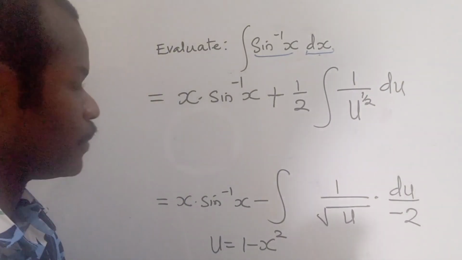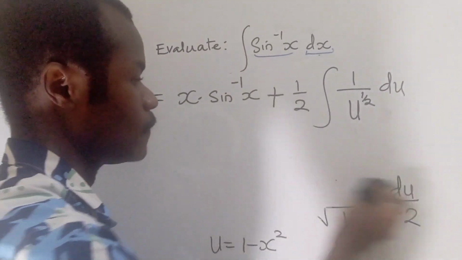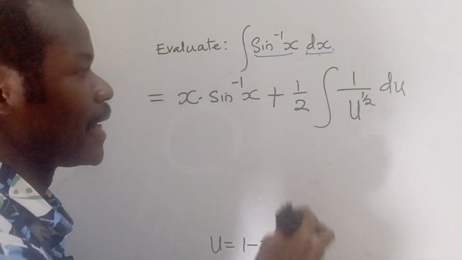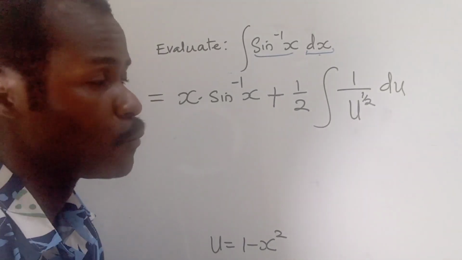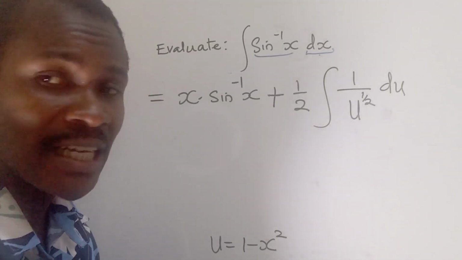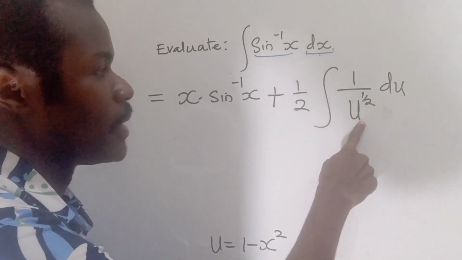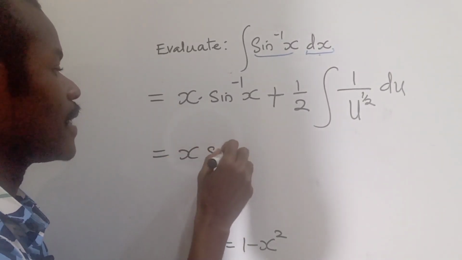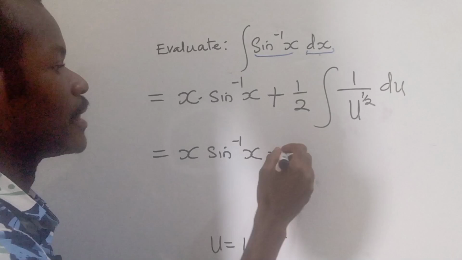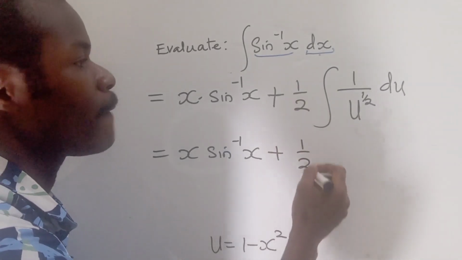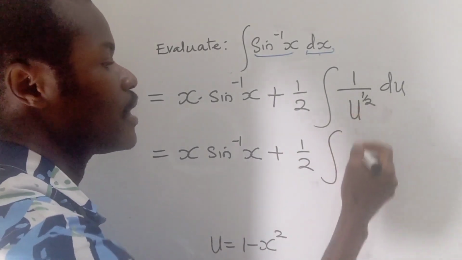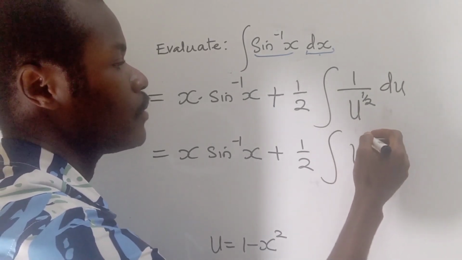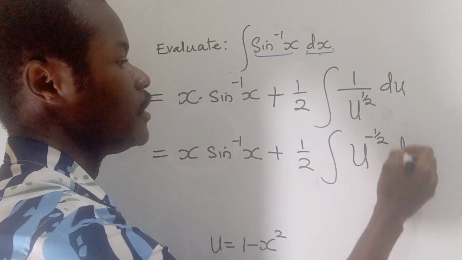From this step, we can now apply our rule of indices, or exponents, to this part. So we are going to have x sine inverse x plus a half, and this is going to be the integral of u to the power of minus half du.